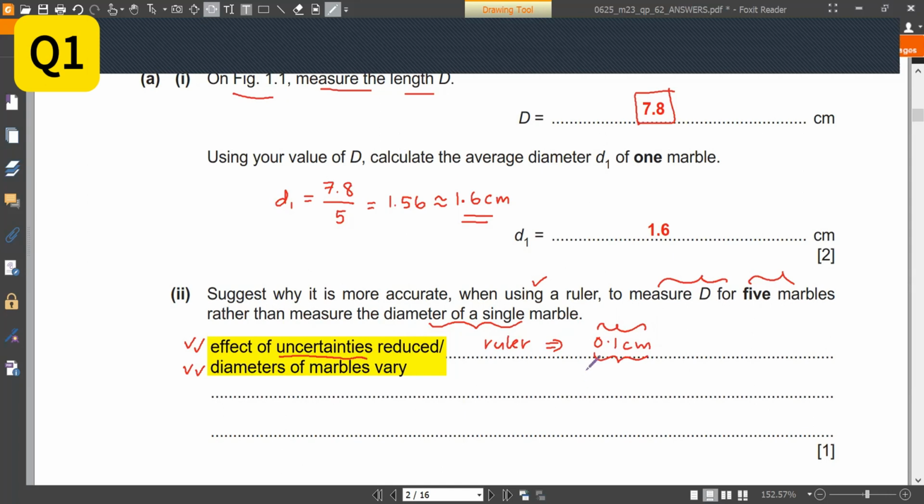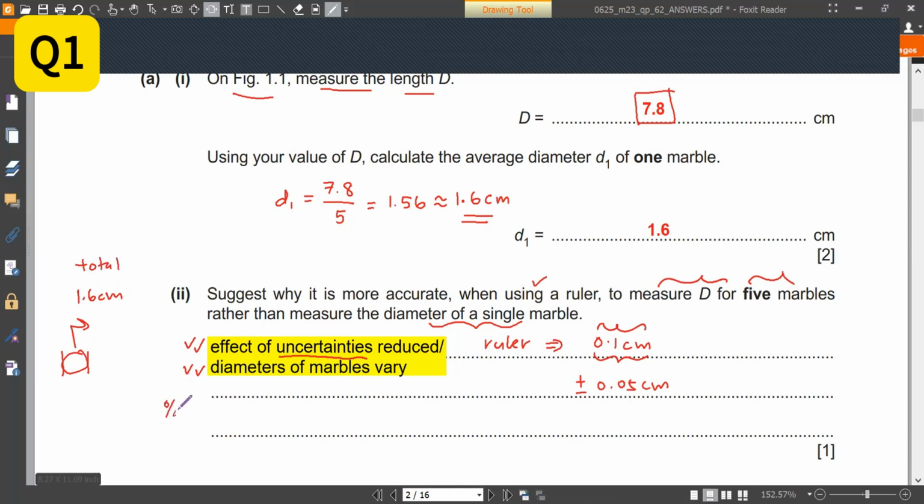So we cannot tell the difference between 0.05 cm. So let's say we measure one marble. So if we were to measure one marble, the reading will be around 1.6 cm. So the total will be around 1.6 cm.